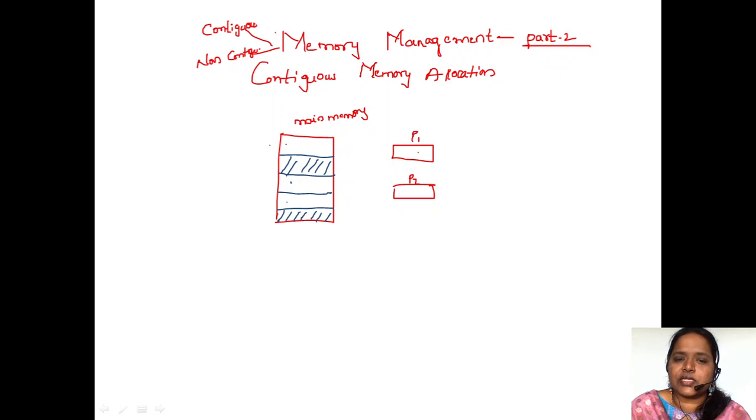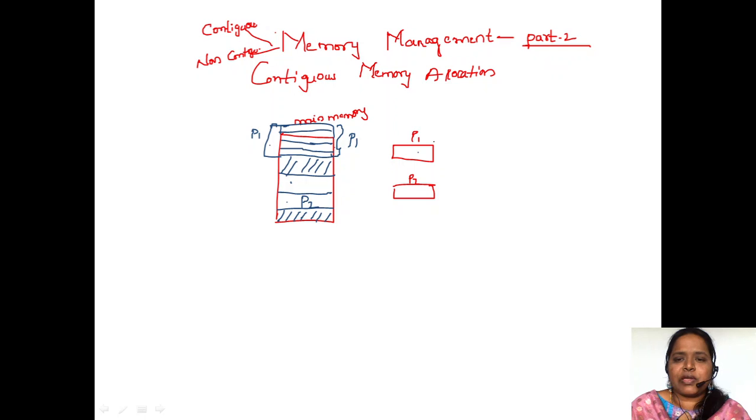Five instructions means 5 continuous allocations must be there. Then only can we accommodate P1 in this slot. If this is contiguous, this whole slot is allocated to the P1 process and this whole slot is allocated to the P2 process.